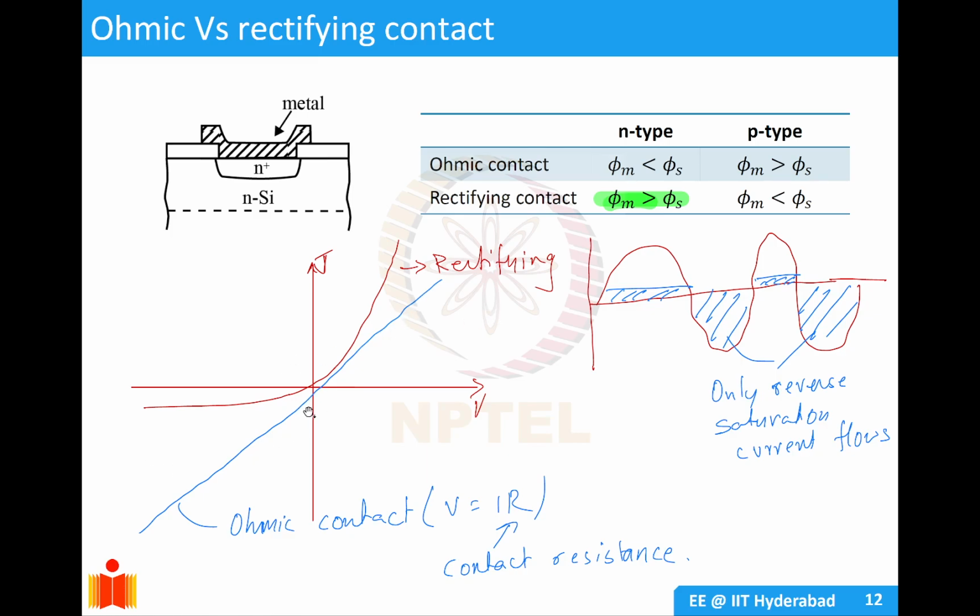So in an ohmic contact, you will have a symmetric current in both positive and negative because your current is proportional to voltage, which is given as V equals IR, where R is your contact resistance. But a Schottky diode or a PN junction diode is called a rectifying contact because the current is much higher in one direction versus the other direction.